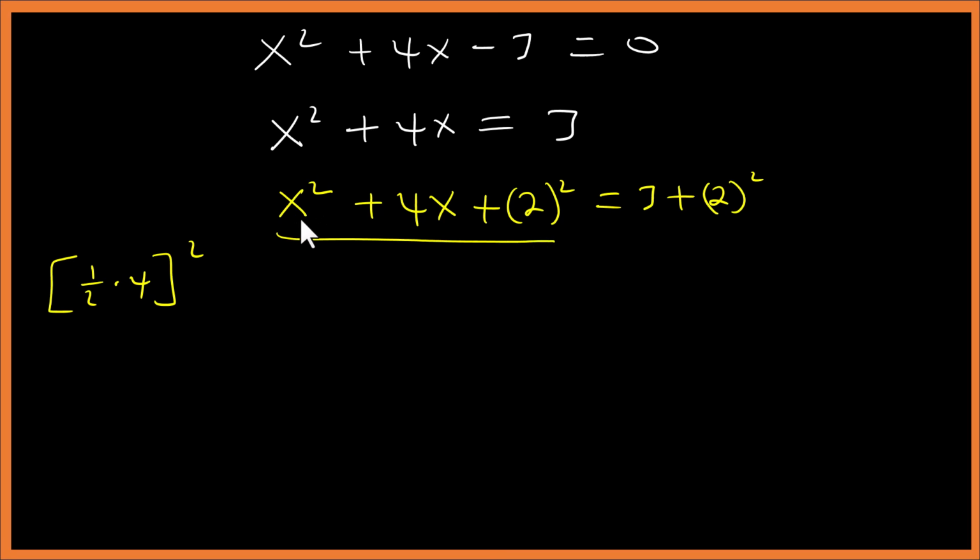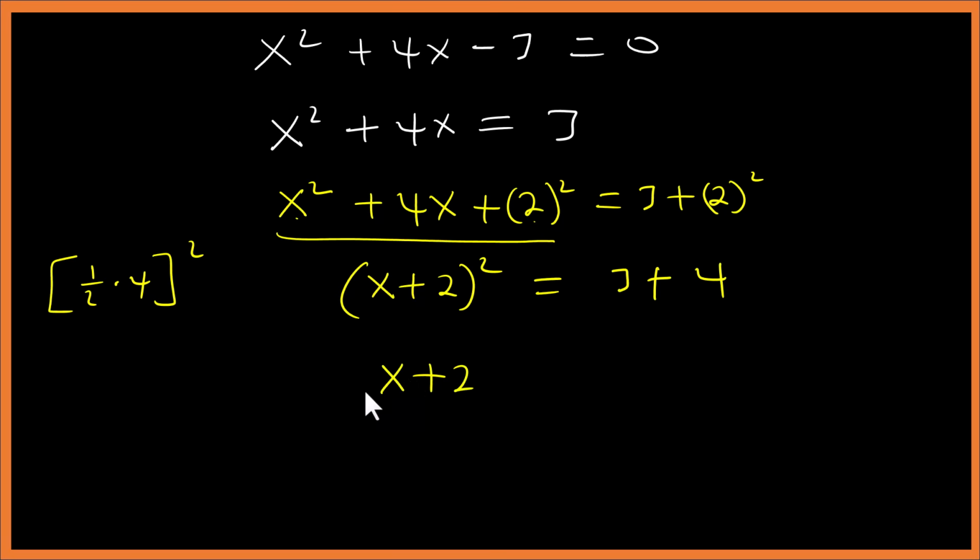So I have (x plus 2) all squared. When you expand this, you get this equals 3 plus 4, so (x plus 2) all squared is 7. Let's take the square root on both sides.